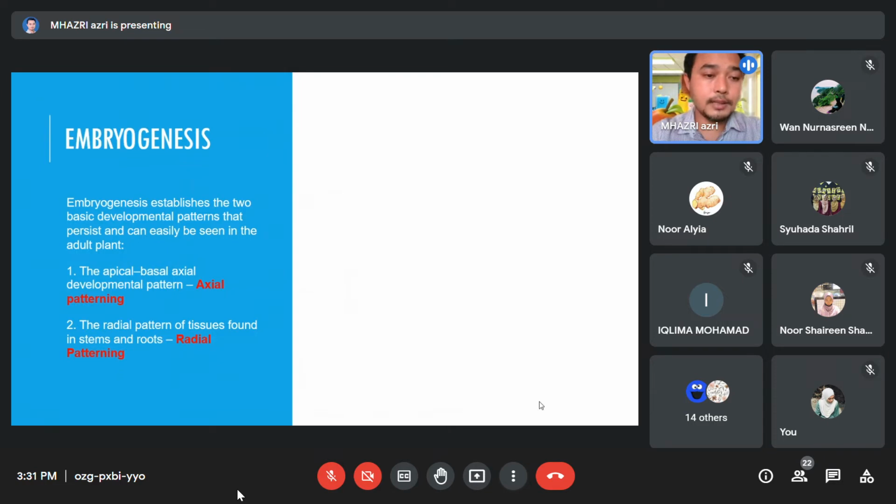So basically, embryogenesis establishes 2 basic developmental patterns that persist and can easily be seen in the adult plants. Okay, the apical-basal axial development or axial patterning, and also the radial patterning of tissues, for instance, in roots.